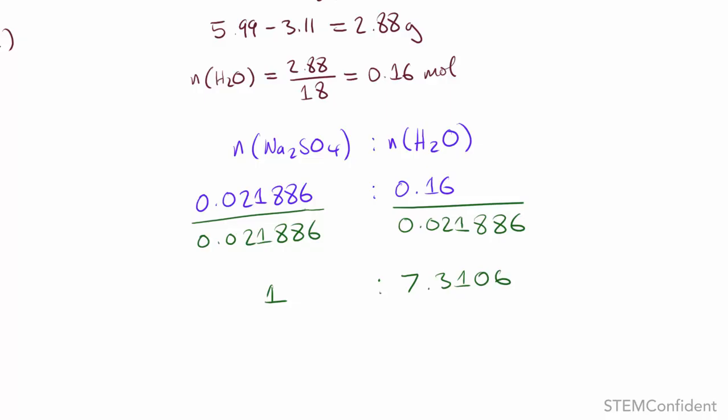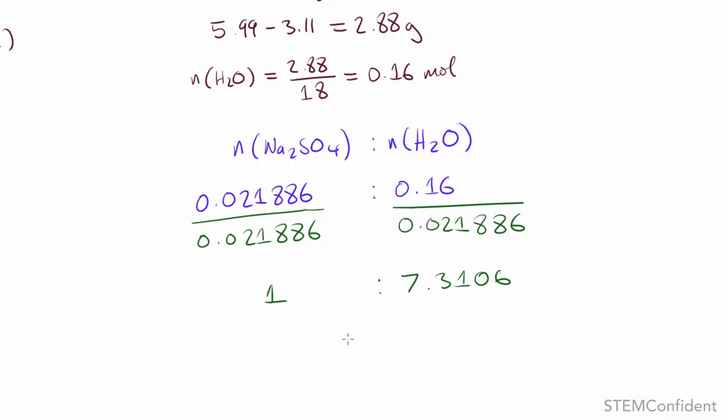Now, in the particular context of what I'm looking at here, I am looking for integer values. I want an integer value on the right hand side, so I'm going to round it to the closest whole number, which in this case is 7. So it has to be rounded down to 7.